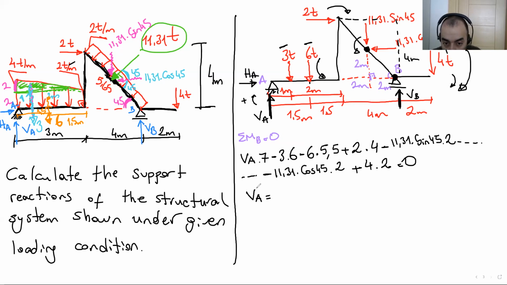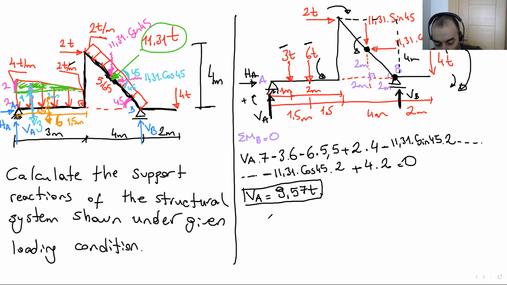Yes, here the vertical A is 9.57 tons. This is the vertical A.